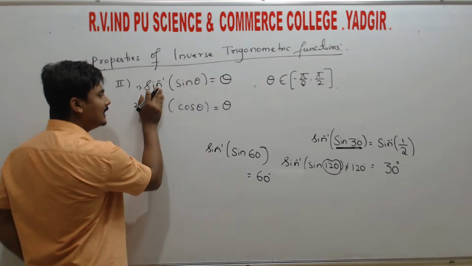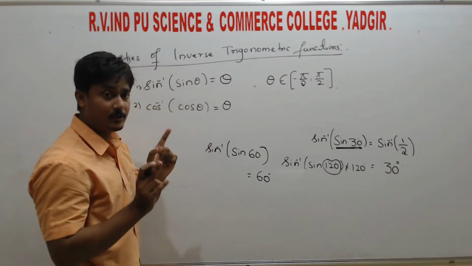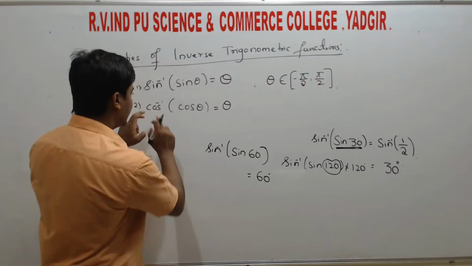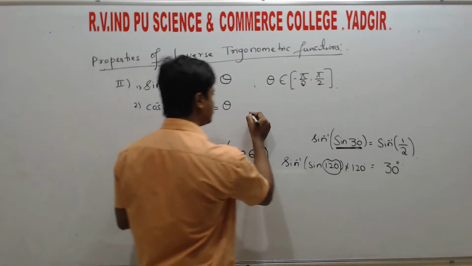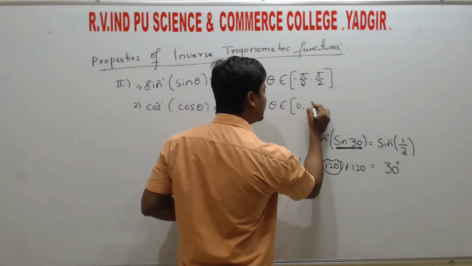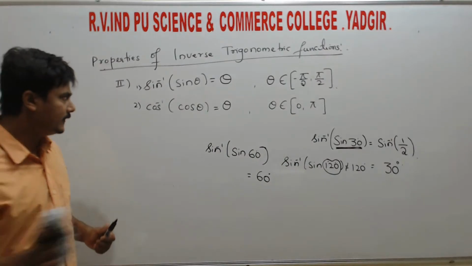How to remember it? Cos inverse and cos will cancel out. We get theta as the value. Actually, I should not say they will cancel out. It's just a way to remember, is it not? Okay. So cos inverse and cos cancel out. We get theta as the value. This result holds good if theta belongs to the principal value branch of inverse cosine function.